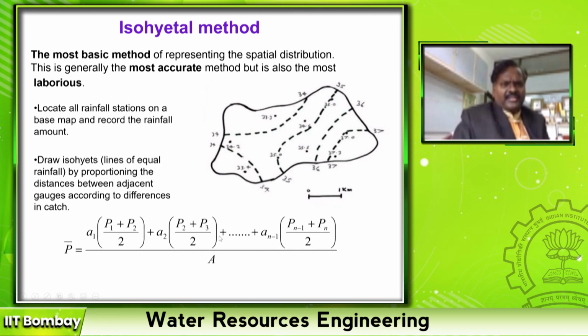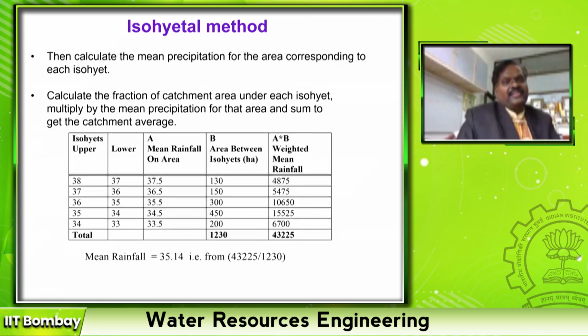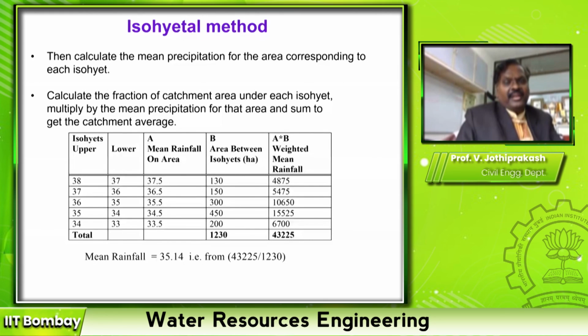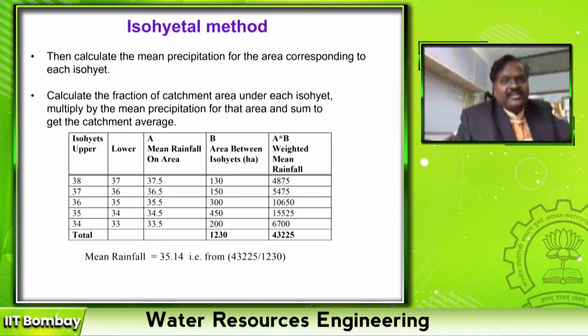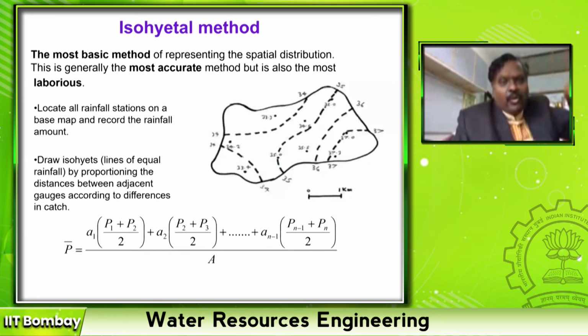Out of all these 3 methods, the isohyetal method is more accurate because it considers the variation, topography, everything. So converting rainfall from one time step to another time step is lumping in terms of time, and then estimating the average rainfall over the basin is lumping the rainfall over space.